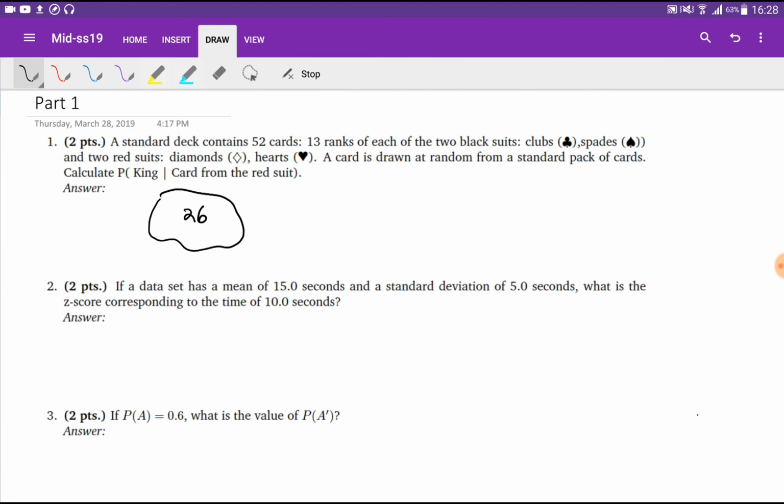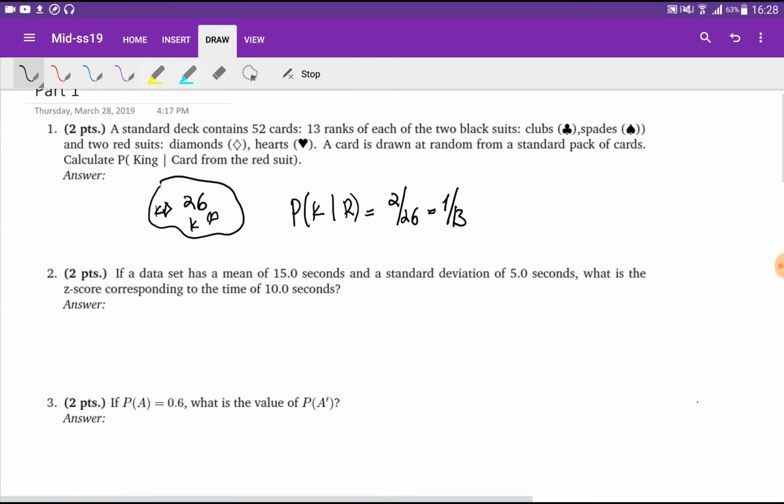Among them there are 2 kings: king of hearts and king of diamonds. So the probability of choosing one of the kings from the red cards is equal to 2 over 26, or simply 1 over 13.